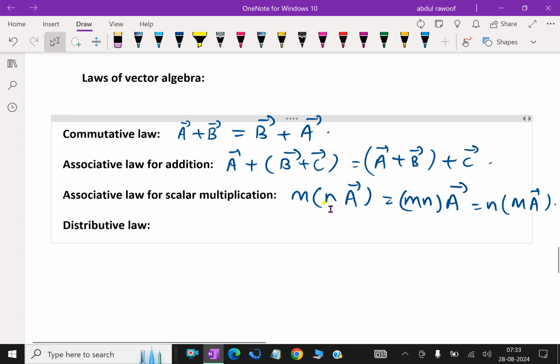That means M and N are constants. M multiplied with N vector A is equal to MN vector A, which is further equal to N into M into vector A.